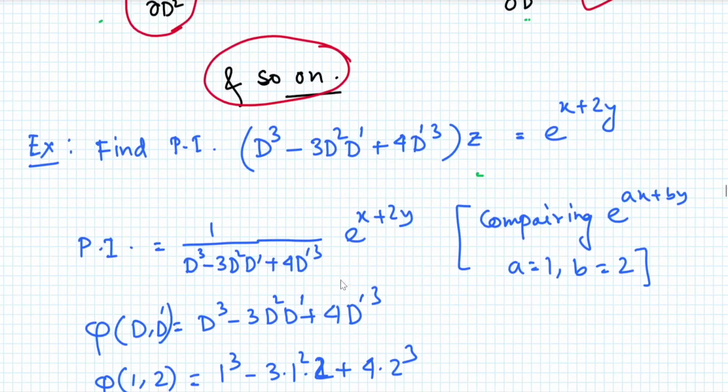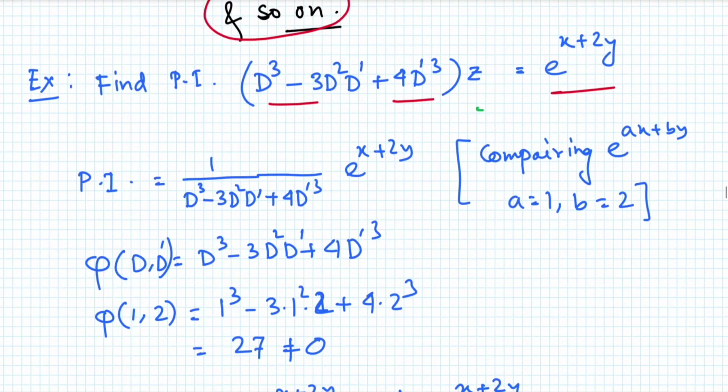So now let us take an example. Find the particular integral: D cube minus 3 D square D dash plus 4 D dash cube operating on z is equal to e to the power x plus 2y. Now comparing with e to the power ax plus by, this gives a equal to 1 and b equal to 2. So the particular integral equals 1 by (D cube minus 3 D square D dash plus 4 D dash cube).